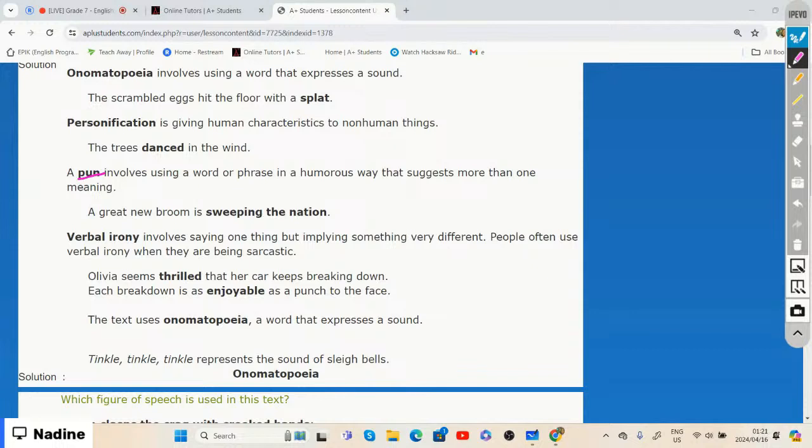So once again, a great new broom is sweeping the nation, and that is a figurative expression, not literal.